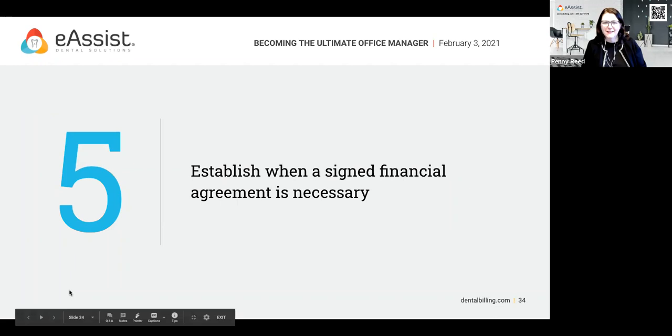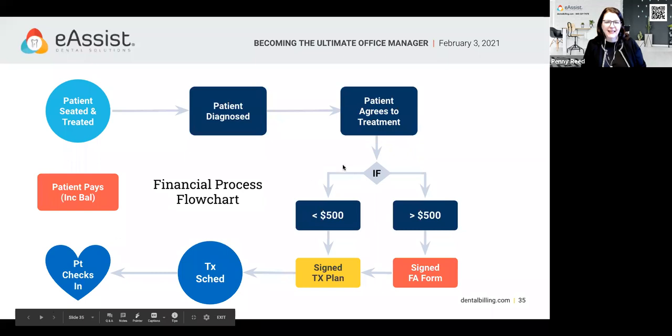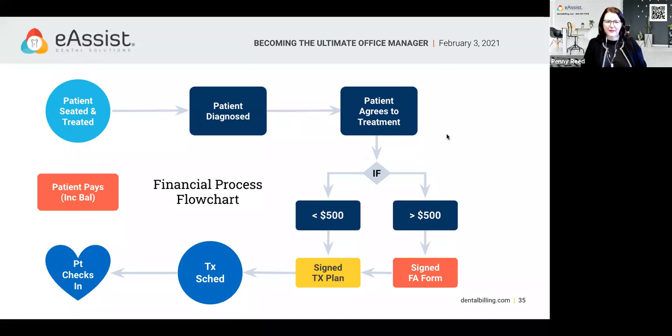It really does. So again, establishing when that signed financial agreement is necessary. And I have a cute little flow chart that our eAssist team, I think, made even cuter, because I remember several years back, we had some clients that were really struggling with wrapping their brain around this. So it can kind of go in a big circle, but the patient is seated and treated, right? Then the patient's diagnosed, let's say, with that next phase of treatment. Patient says, yes, I want to do it.